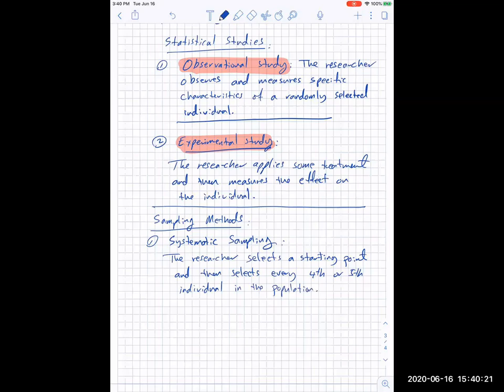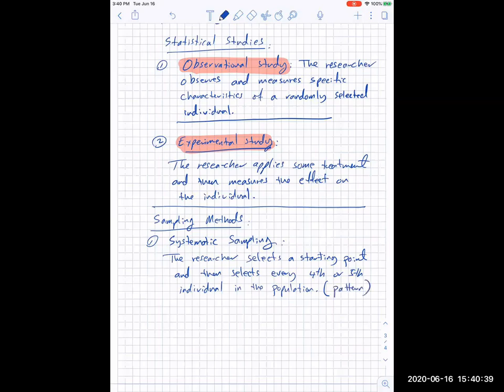So the idea here is just not the fourth or the fifth. The idea here is that there is a system, a way, a pattern that is used to select the sample. There is a pattern.